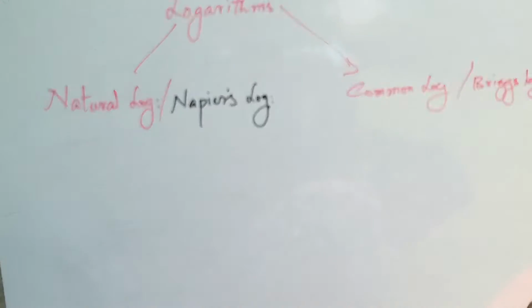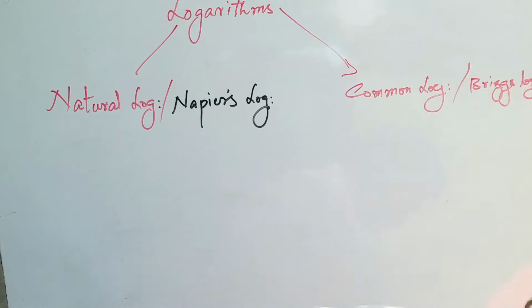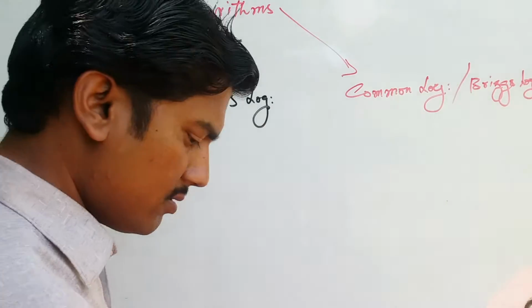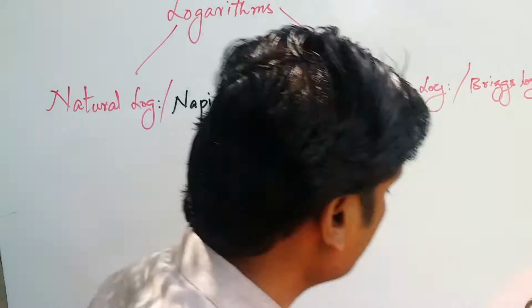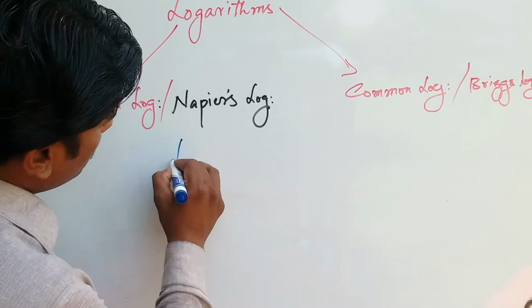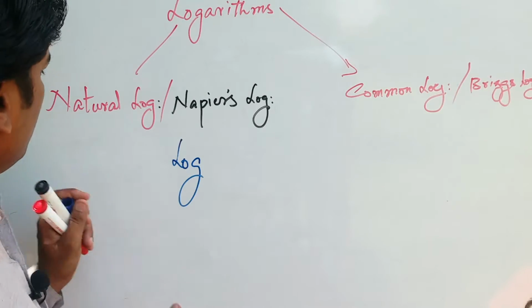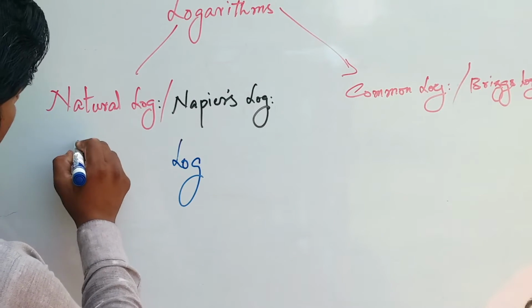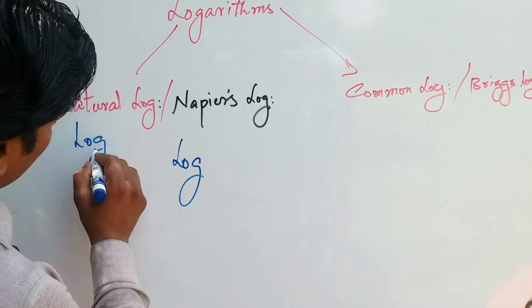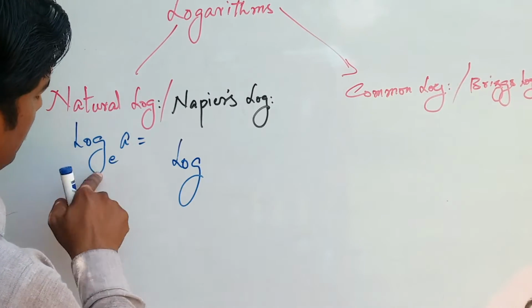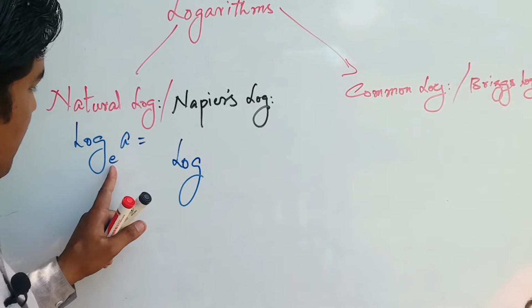So we have some basic rules to follow to learn. Number one, in natural logarithm we write log of a like this. E is the base.